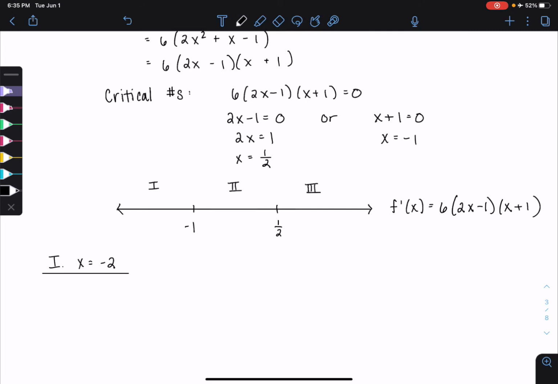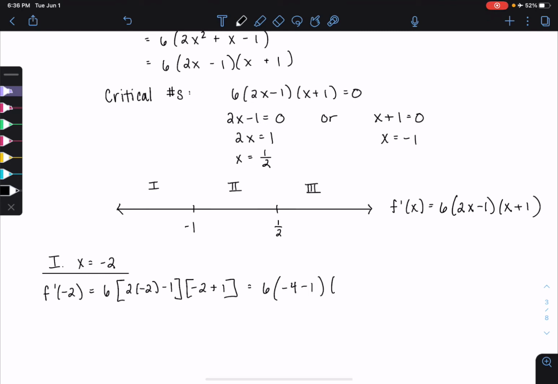So if I plug -2 into the derivative, that will be 6 times (2 times -2 minus 1) times (-2 plus 1). That will be positive 6, times -4 minus 1, and then -1.